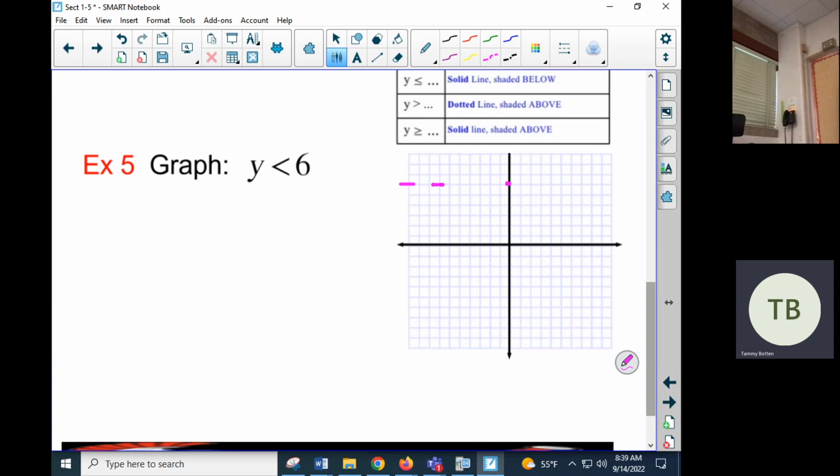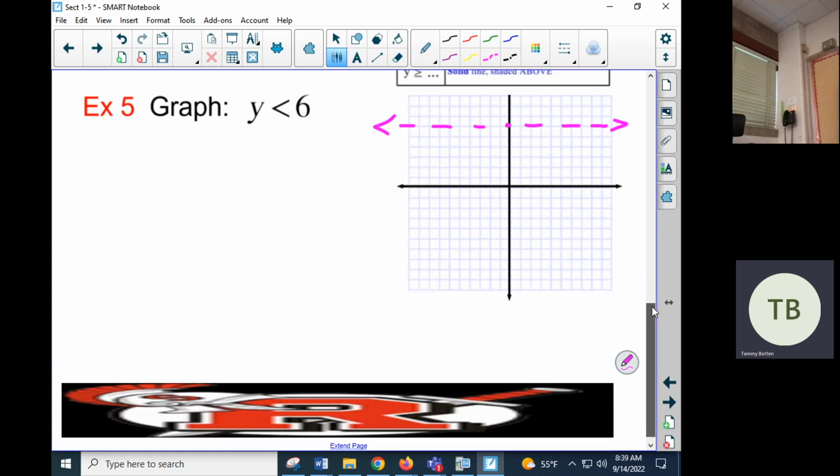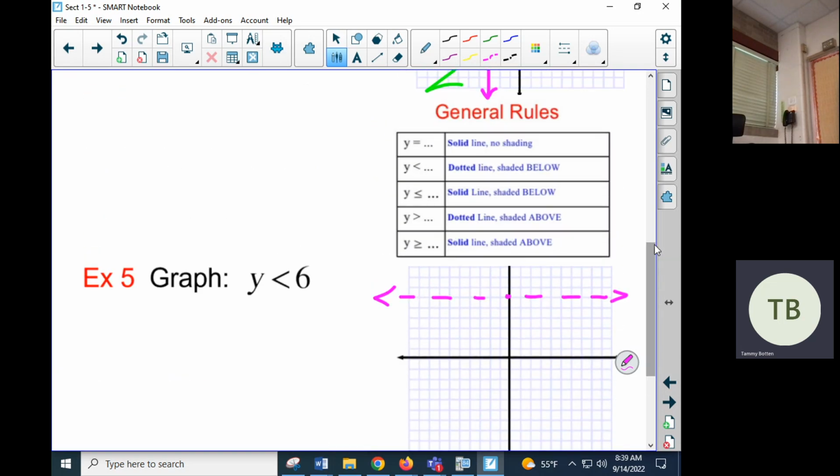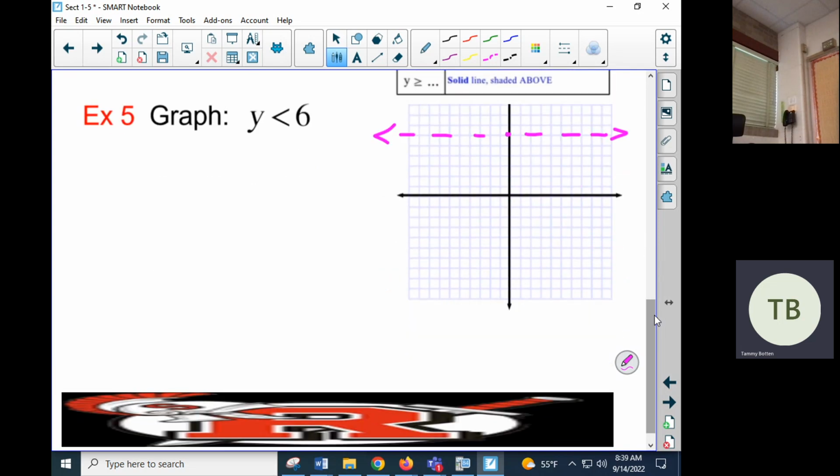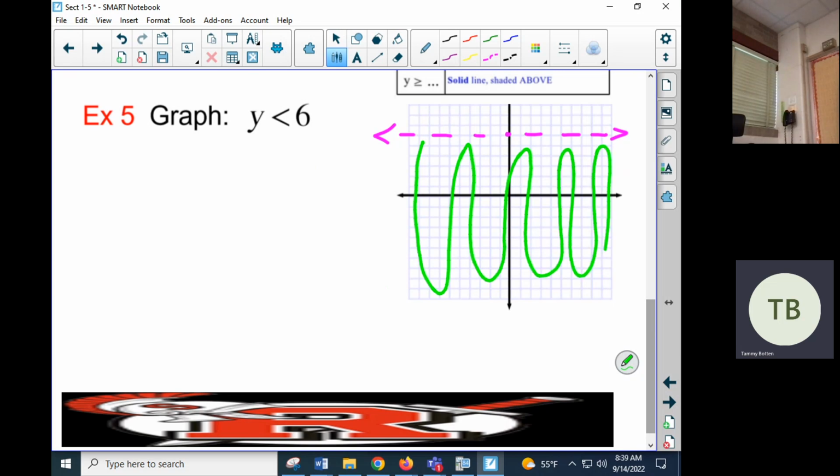Dashed. Okay. And if it's less than, we can follow these same rules because we have y's. And if y is less than, you shade below. So y is less than 6, and where all your y's are less than 6 are down here.